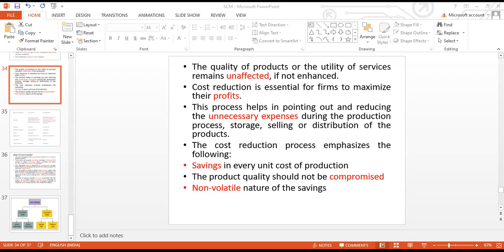Just see here, in case of cost cutting, if I want to do cost cutting or cost reduction, what are the areas where I should focus in traditional costing and what are the areas where I should focus as per strategic costing? Just go through this slide, then we will discuss.